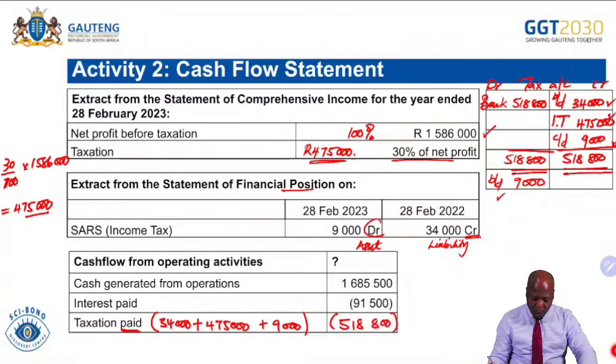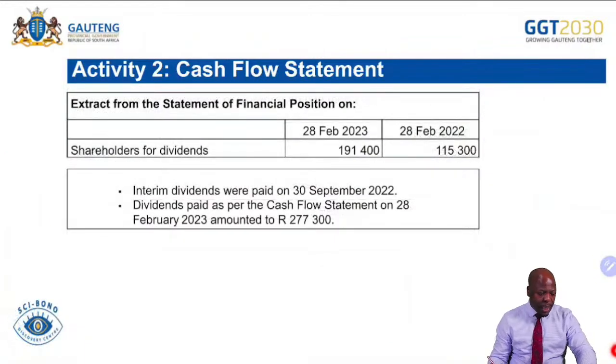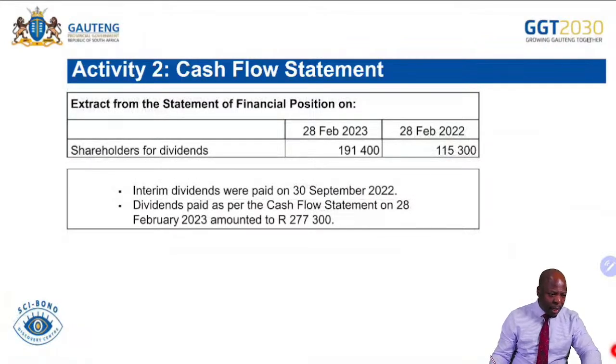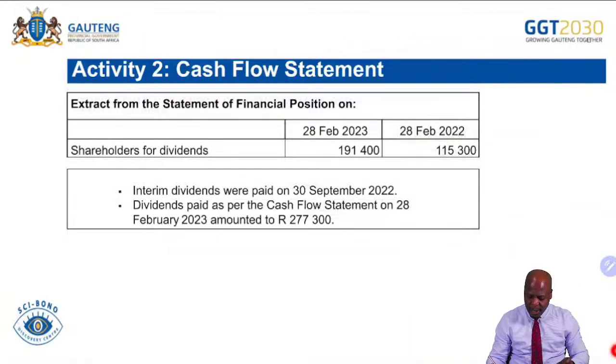The next part is going to be your dividends paid. Let's go and do the dividends paid. In this calculation, we want to know how much was the dividends that was paid.